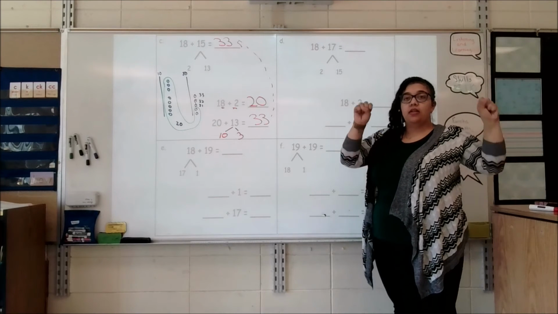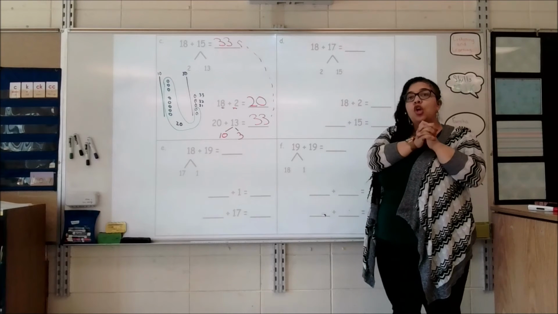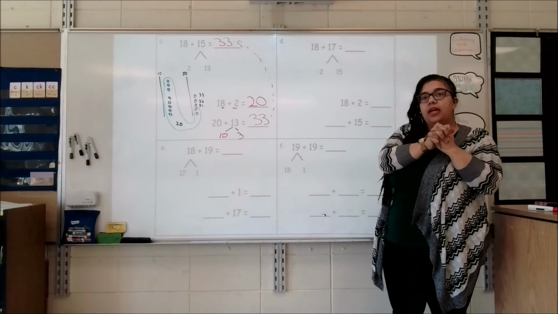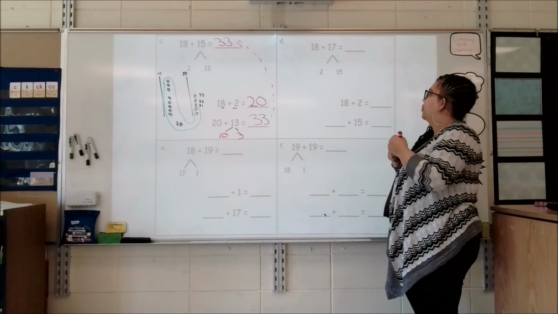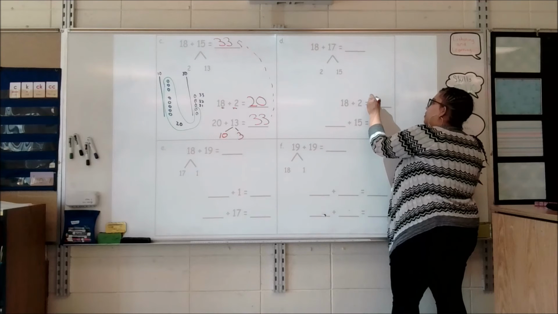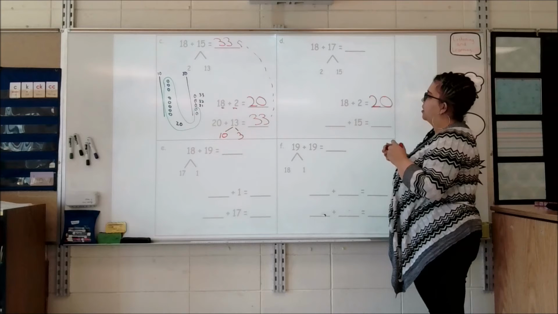Because 18, 8 ones, we only need 2 more ones to complete the group of 10. We now have how many complete groups of 10? 2, good. 2 complete groups of 10 and 0 ones.